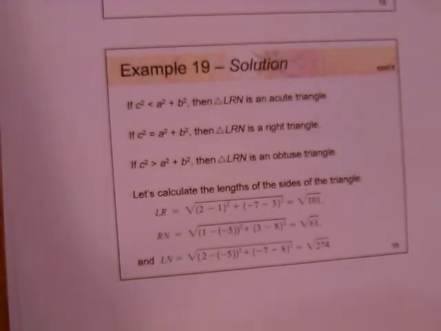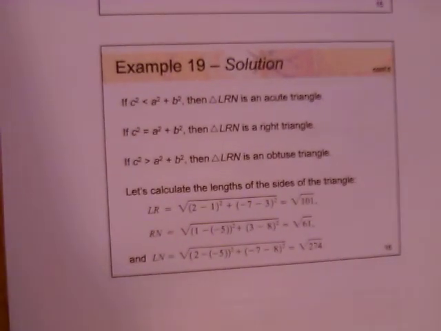If C squared is less than A squared plus B squared, then triangle LRN is an acute triangle. If C squared is equal to A squared plus B squared, then triangle LRN will be a right triangle. Or if C squared is greater than A squared plus B squared, then triangle LRN is an obtuse triangle.